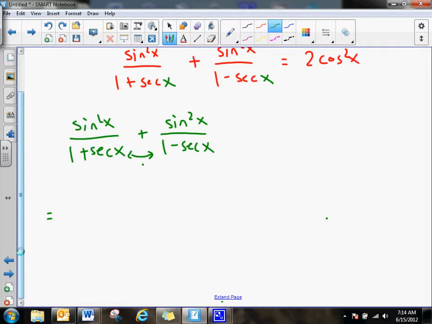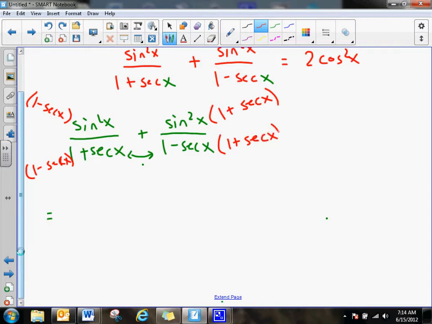Alright, so in order to combine these, we need to multiply the left fraction on the top and the bottom by 1 minus secant of x, and the top and the bottom over here by 1 plus secant of x.